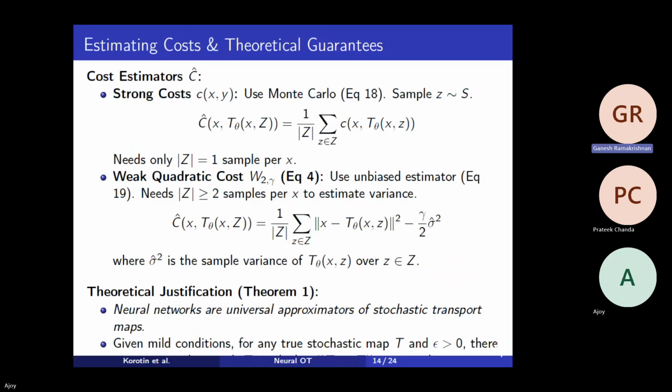In the strong cost case, they need to also round off, right? Round off in the sense? Round off the solutions. They'll have to discretize, quantize the solutions. The strong cost, yes. But what is the loss incurred because of that? Is there some theoretical analysis? Is it Monte Carlo sample Z? So it's just based on sampling.